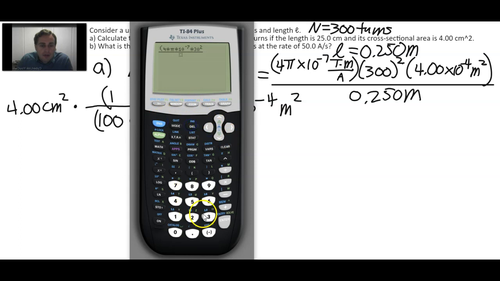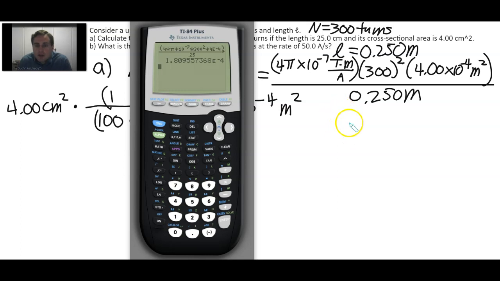Second, insert 300. There we go. And then times 4 times 10 to the minus 4. And we divide that all by 0.25. So this should be 1.81 times 10 to the minus 4.